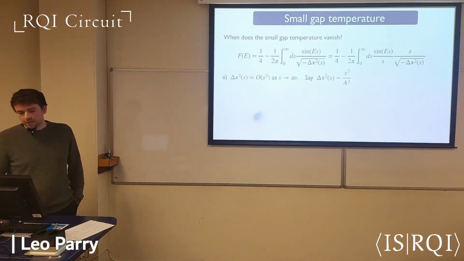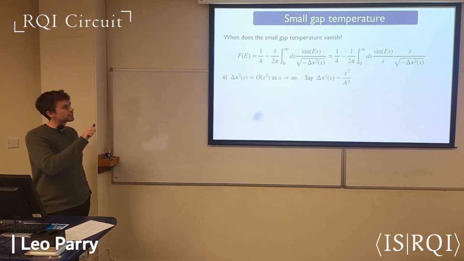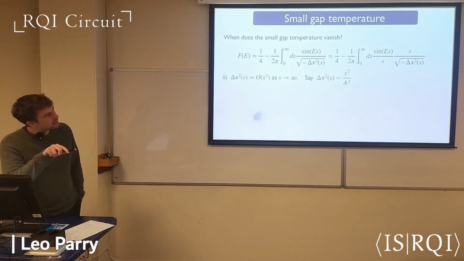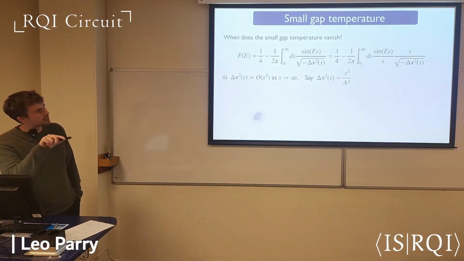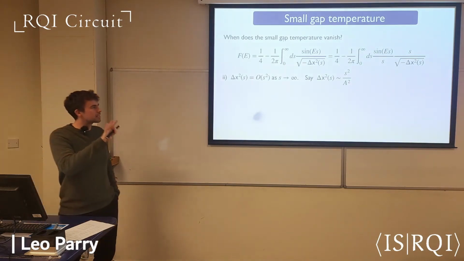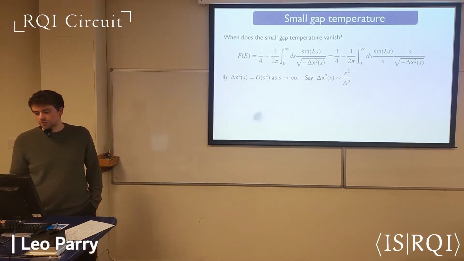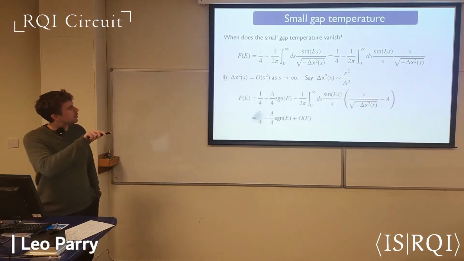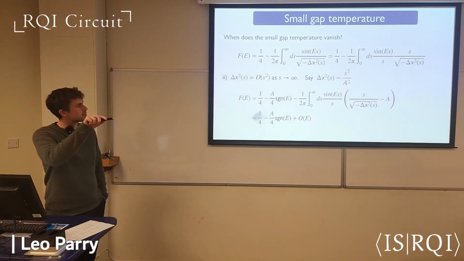However, if delta x squared is of order s squared as s goes to infinity, then this part here is of order 1 as s goes to infinity. So say, for example, if delta x squared is something like s squared over a squared, where a is a constant, as s goes to infinity, then we have to add and subtract this a from this term before we take the e goes to 0 limit within the integral.